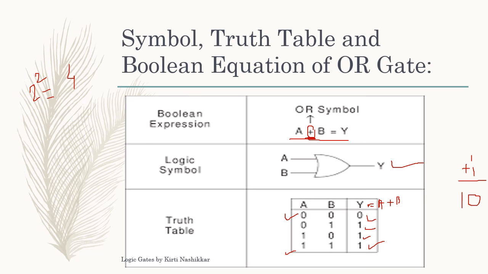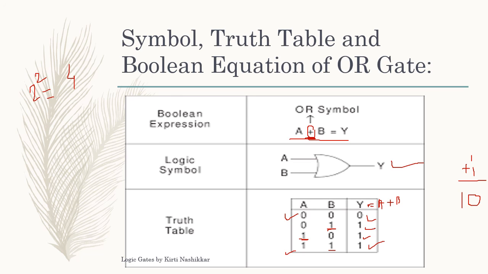Okay, so if you observe this truth table carefully, then you can see that the output will be high if one of the inputs is high. दोनों में से अगर एक भी इनपुट हाई है, then we are getting the high output.